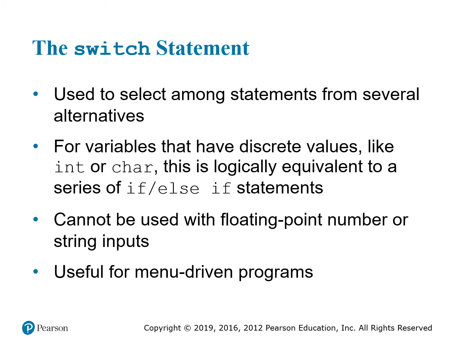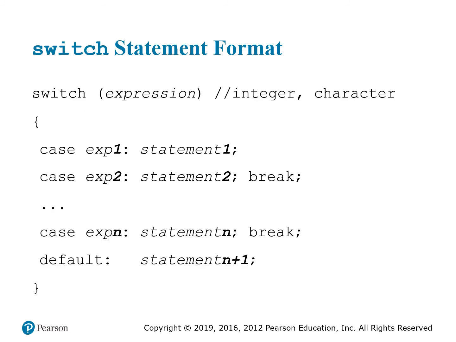It's very useful for menu-driven programs to, if the user types A, skip to option A. If the user types Q, skip to option Q. At first, this looks very similar to the syntax we've been practicing for other things.